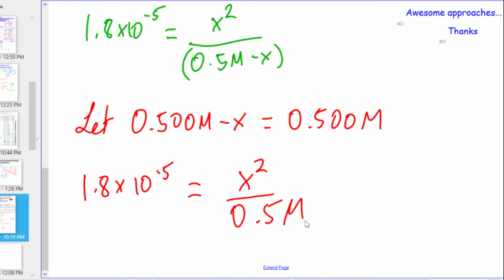If x is equal to 0.00000001, sig fig wise, what's 0.5 minus 0.00000001? 0.5. If x is small enough, it is below the error of that, and you can just ignore it.